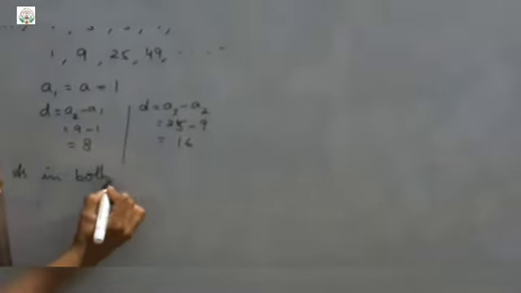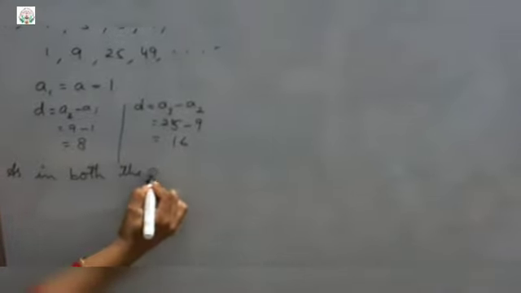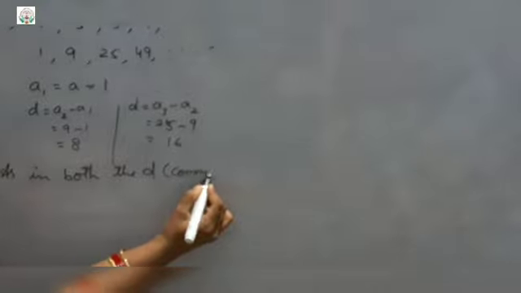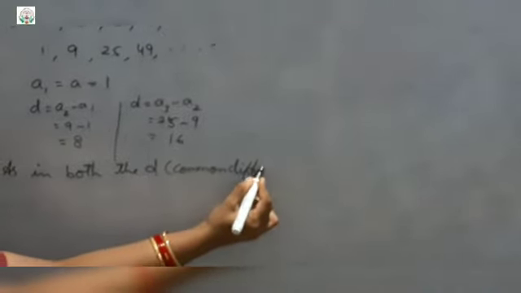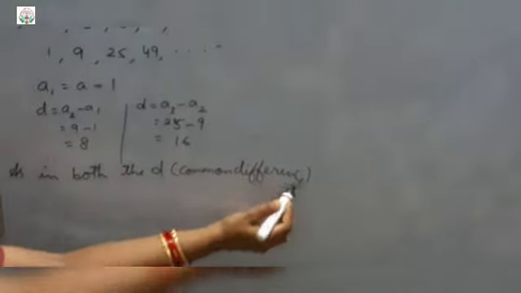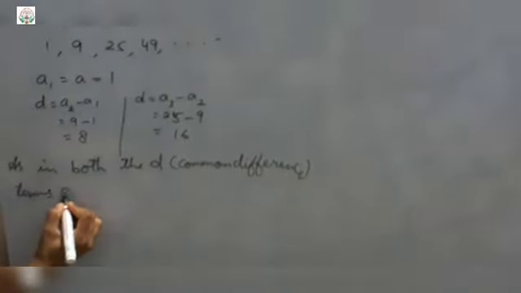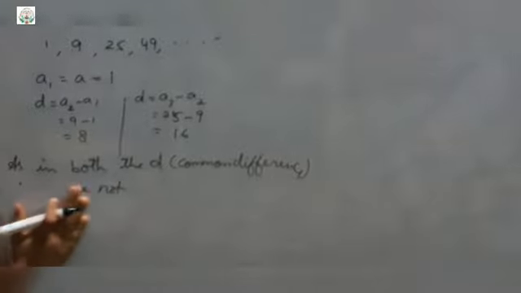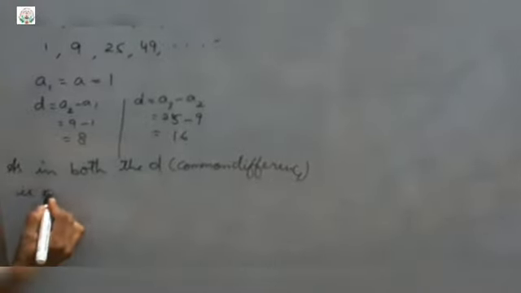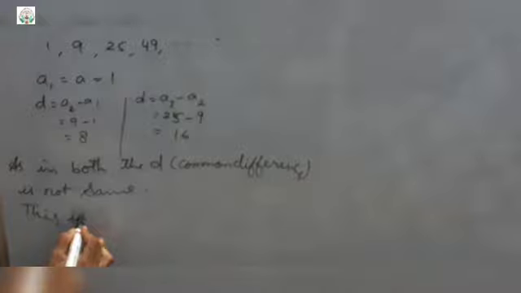No. So you can write that in both the cases the d, that is common difference, is not same. This is not in AP. Okay, and the 15th one I gave you as homework, so complete that. Okay, clear, children?